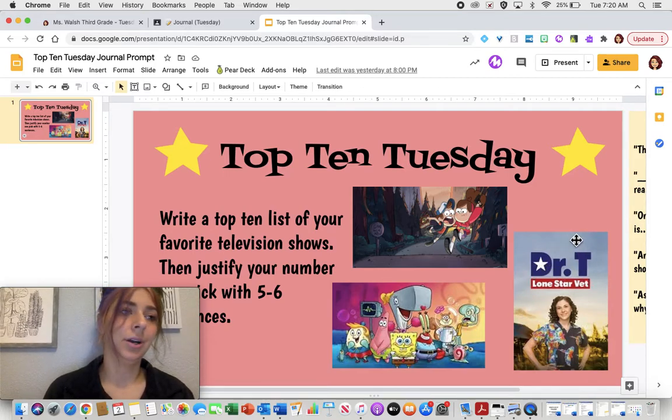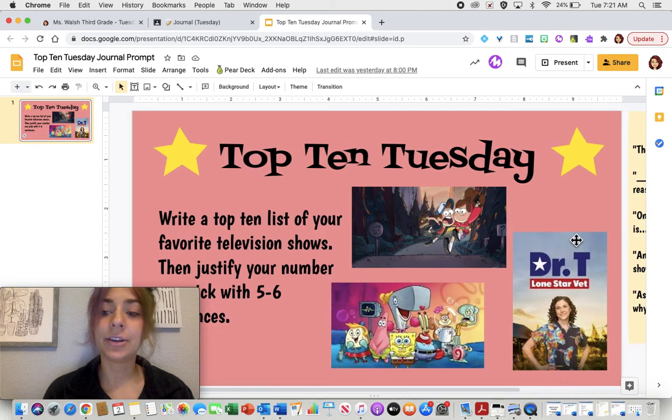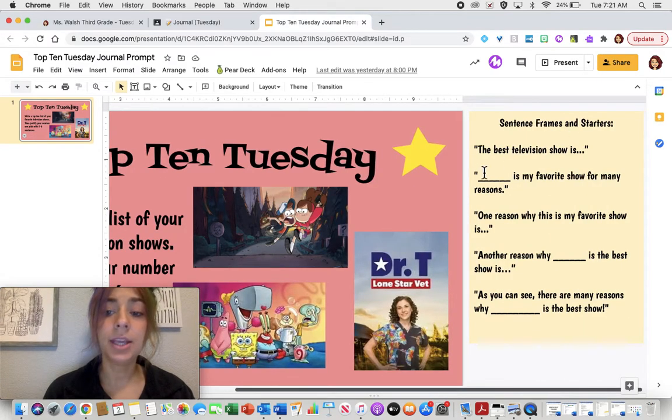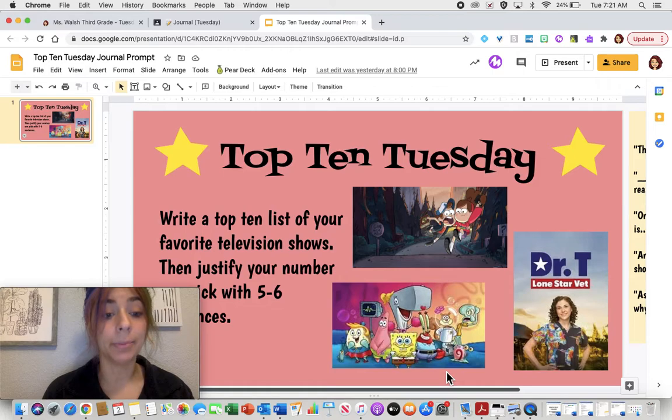I also know Troll Hunters, Jurassic World, all those shows. You're just going to give me a top 10 list of your favorite of all time, okay? And then over here on the right, here are your sentence frames and starters if you need them for when you start writing about your number one choice, okay?